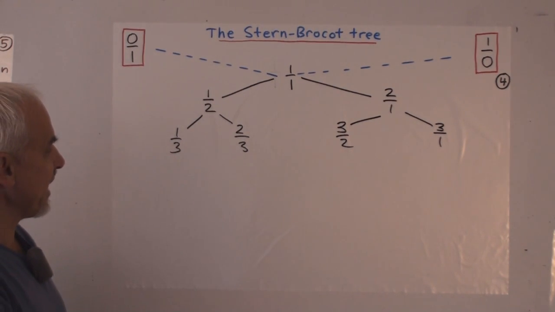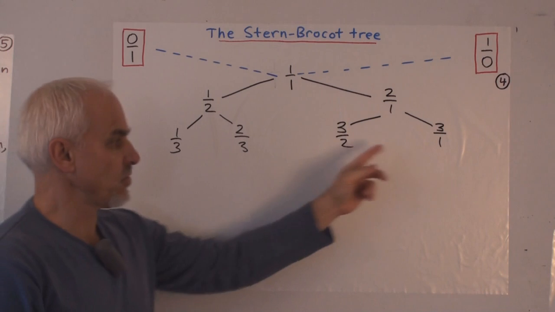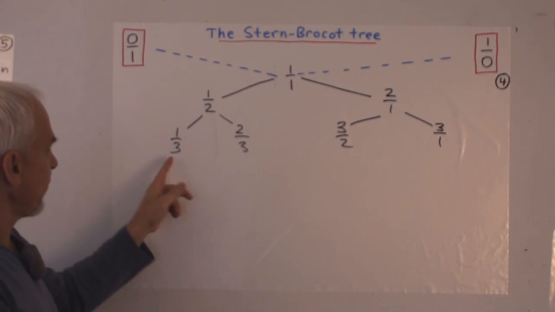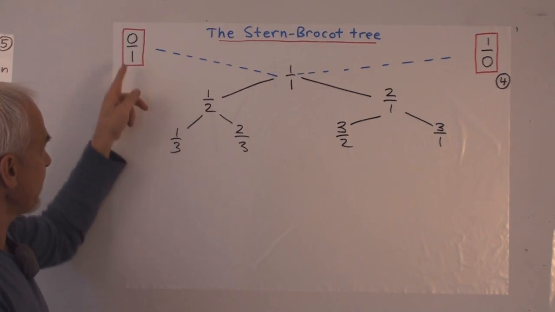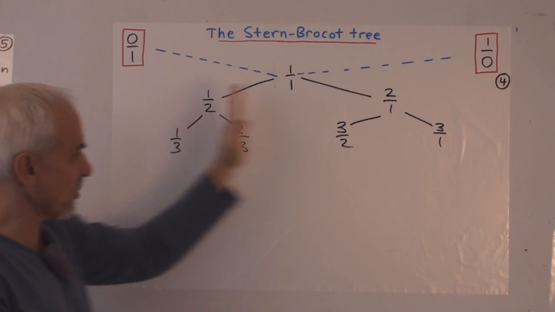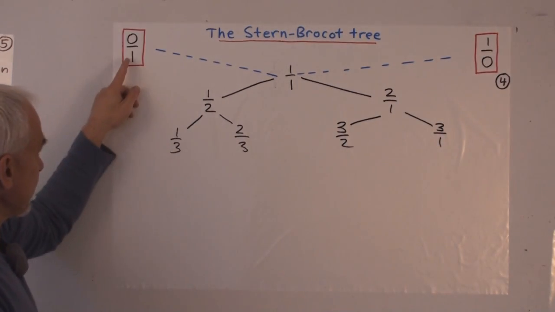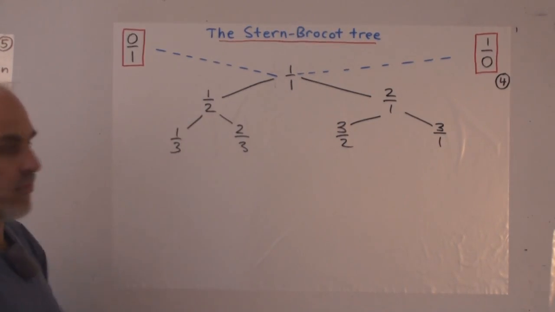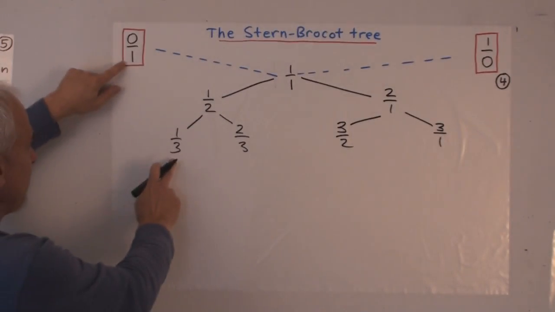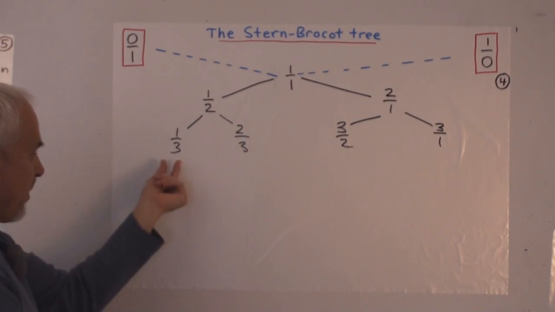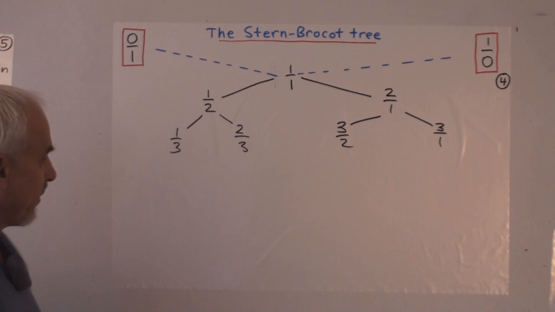Okay, now at the next stage, each one of these is going to have 2 children. So this one, its neighbors in the sequence, as we read from left to right, are this one here, and its other neighbor is this one here. So we have to take the mediant between these two and the mediant between these two, and those are the children of 1/3.